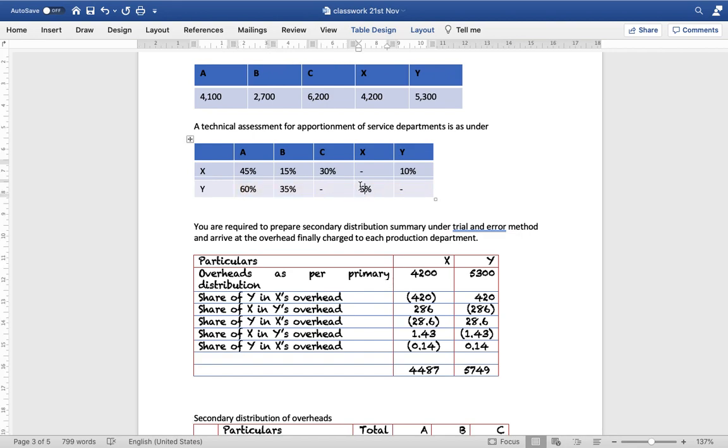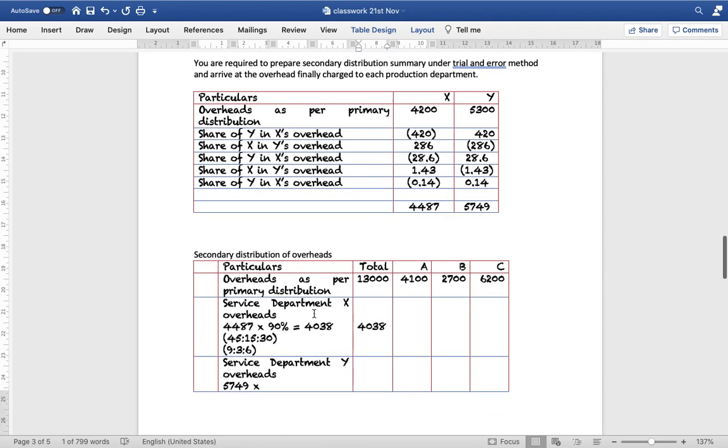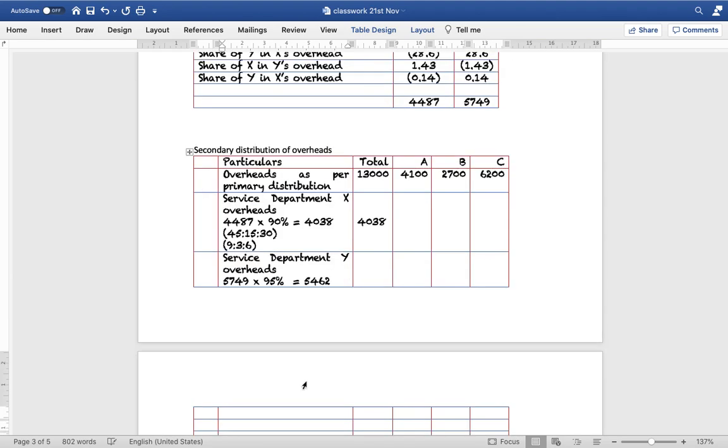From the 100 percentage, this value we have already given. So we have to take the balance. So balance is 95 percentage. So 95 percentage, you will be getting 5462.